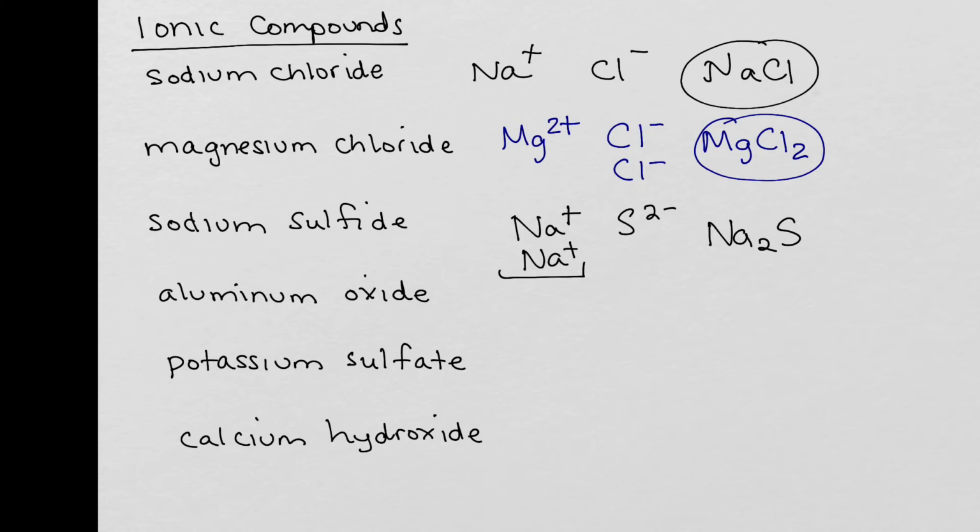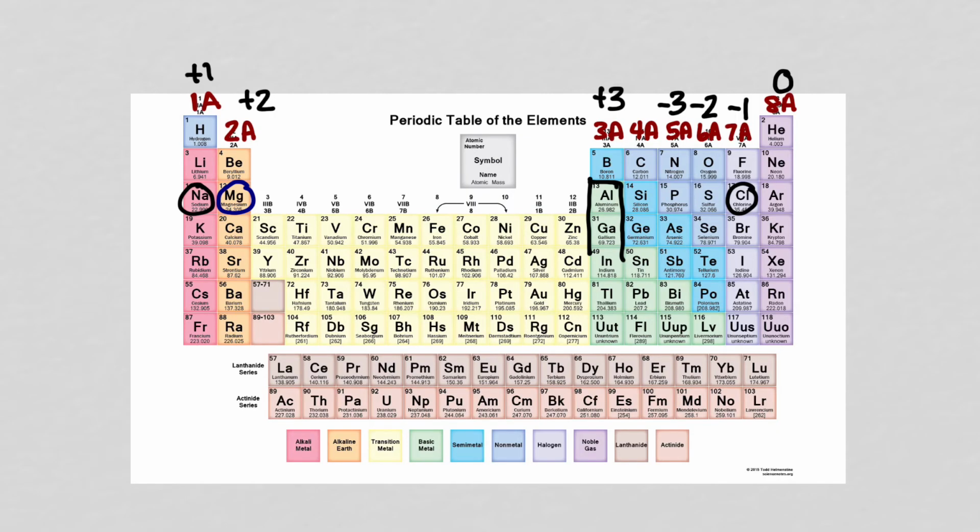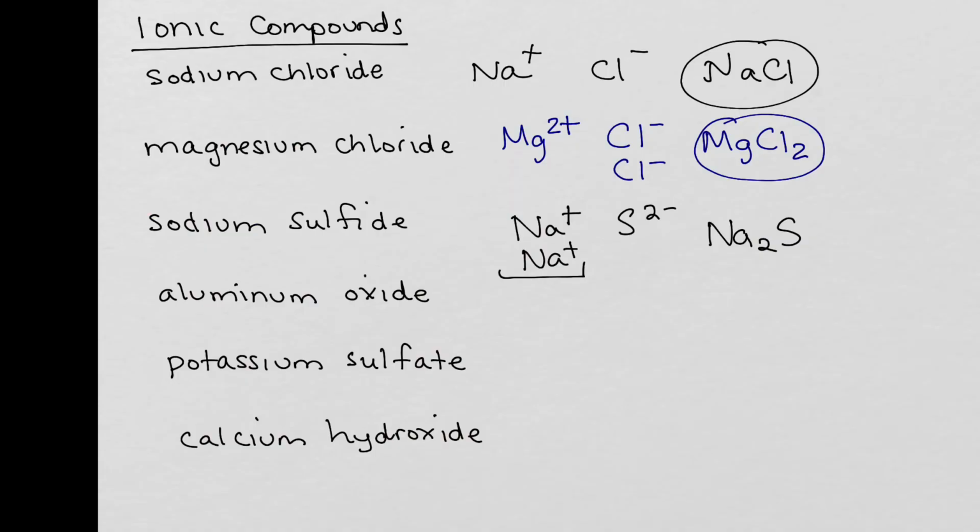Aluminum oxide. Aluminum was way over here in group 3A, that we said tends to form a 3+. And oxygen tends to form a 2-. Now here, what we've been doing so far was basically easy because we had only +1 or -1, +2 or -2, we were finding the least common multiple. So we were basically multiplying them together. So if we look at 3+ and 2-, our least common multiple, 3 times 2 is 6.